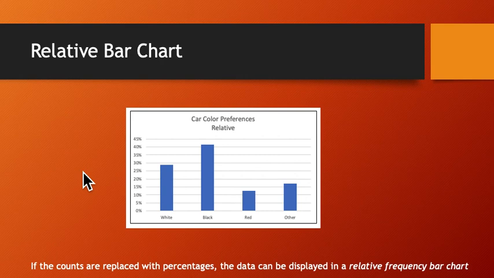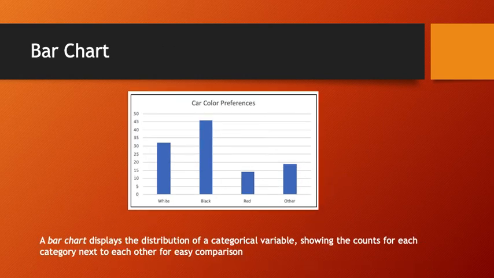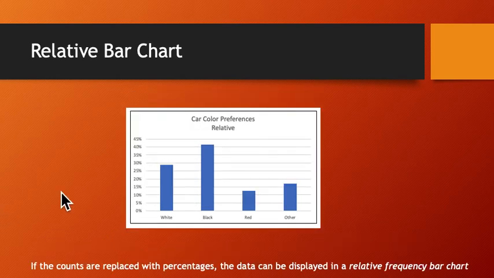Now, what's interesting here is if you look at this chart, and I'm going to click back one slide, just visualize what these bars look like, and you'll see that they look the same, except over here we have counts. So relative bar charts look graphically very similar, or exact actually, in shape to the other charts. The counts are replaced by percentages, and this is being displayed as a relative frequency bar chart, or a relative bar chart.